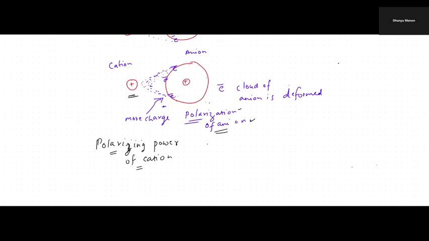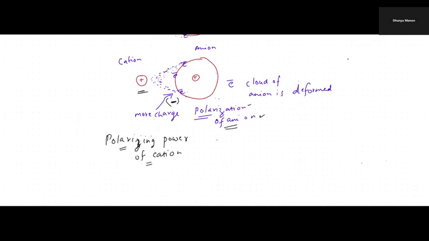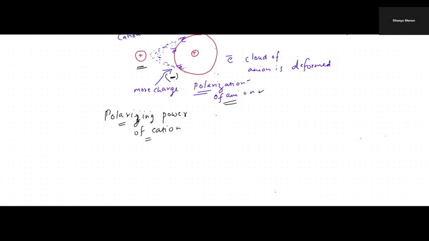Okay, polarization is nothing but the electron cloud is deformed. There is formation of poles. Okay, it appears that the negative charge is concentrated at one corner more than the other. Right. So in this kind of bond, or in this ionic bond, there is a certain bit of covalent character. Now, how much of the covalent character?